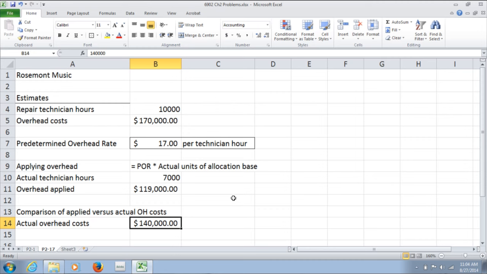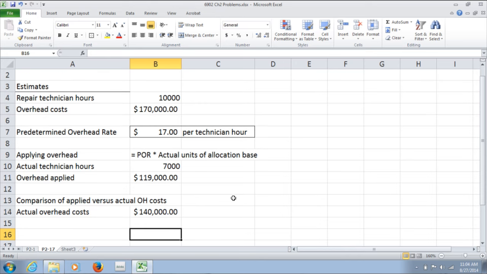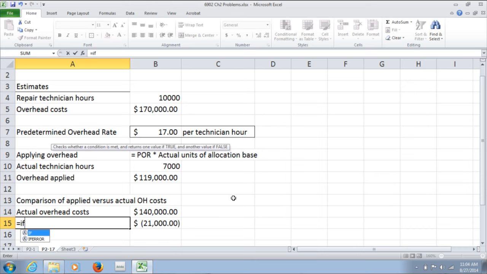So in this case, we have less overhead charged into work in process than the actual amount that should have been charged according to what the actual overhead costs were incurred. So since we have this shortfall, we have what's known as underapplied overhead. So I'm going to put a little rule in here.